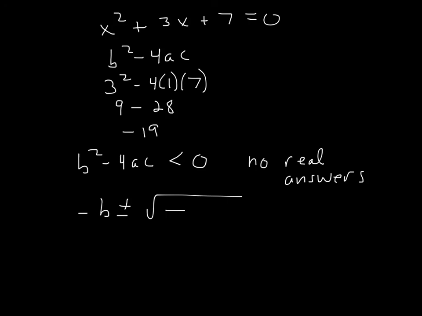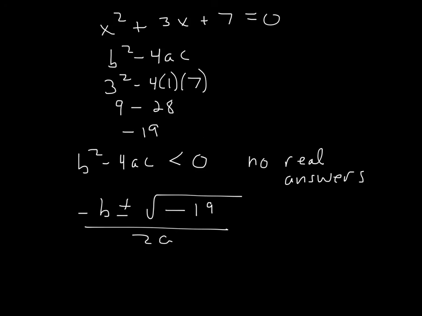Remember, the square root of a negative number, in this case it was negative 19, right? I don't even care about the bottom here. All I'm focusing on is that this number inside the square root is negative. If that number is negative, you don't have real answers. You're going to have imaginary answers, but for now, we're not focused on that. We're focused on that they're not real. And we've kind of stopped there.